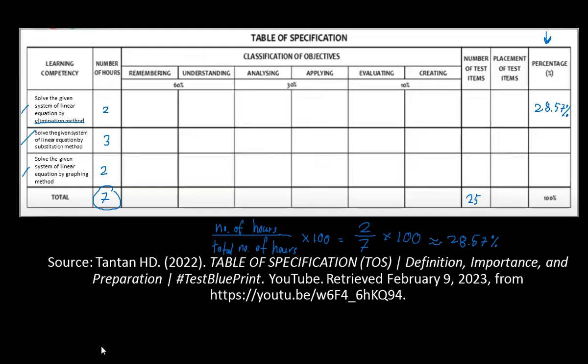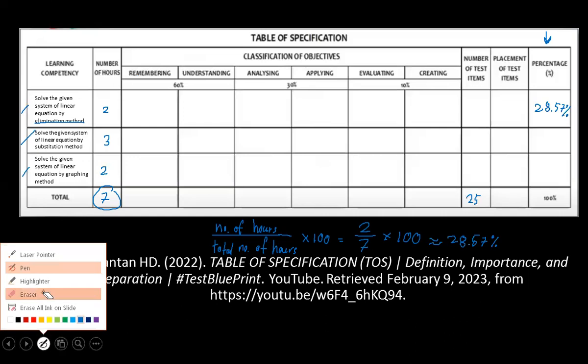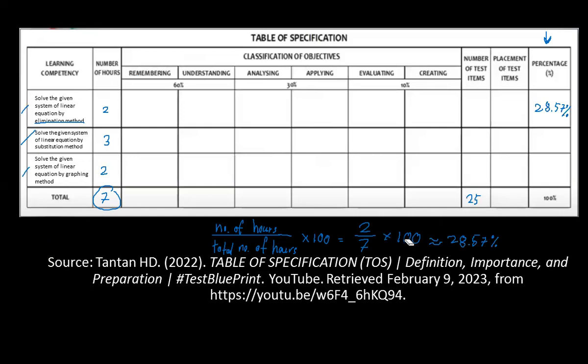So, how about the second learning competency, which is solve the given system of linear equations by substitution method? How many hours do we have here? We have 3 hours. Let's divide it by the total number of hours, which is 7.